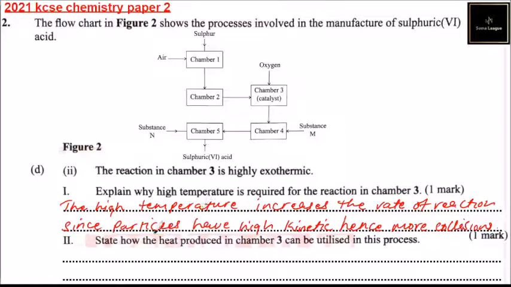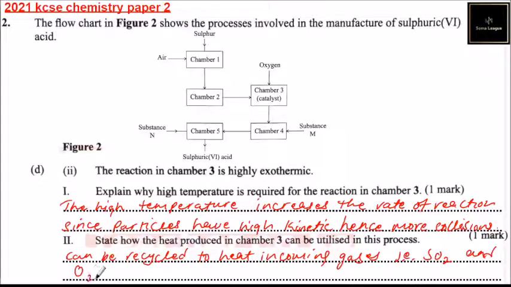That can be utilized by recycling to heat incoming gases, that is, incoming gases, i.e. sulfur oxide and oxygen. So that is how you answer that. Let's go to the next part.